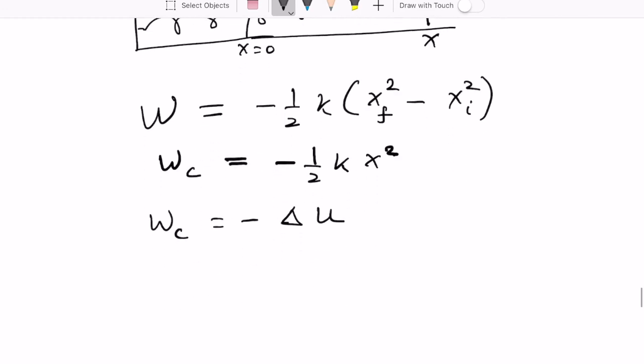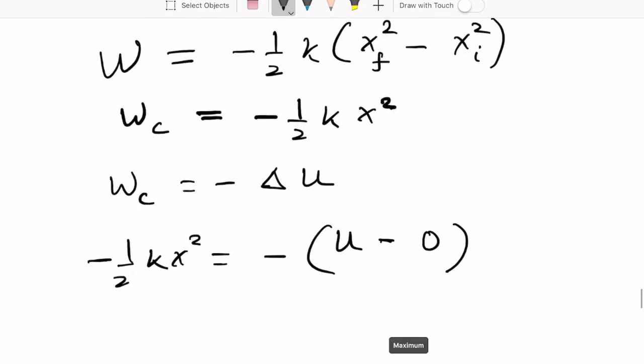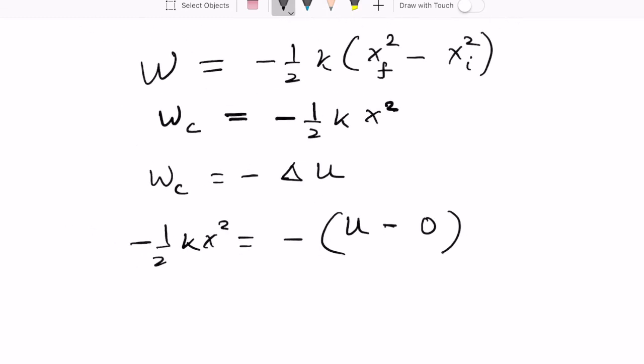So let's plug everything into this equation and solve for U final. Minus half kx squared is equal to minus delta U, which is U final minus U initial, which I'm just taking to be 0. So from here you get U is equal to half kx squared.